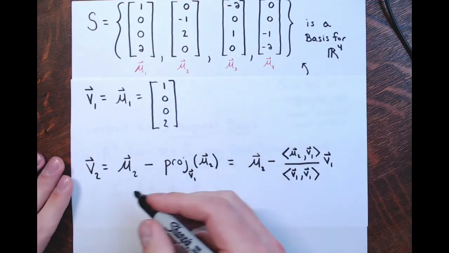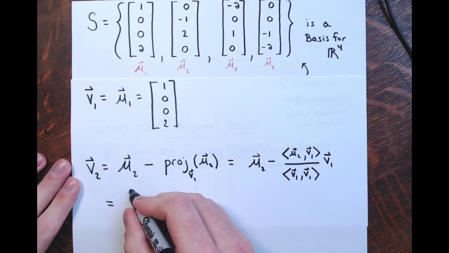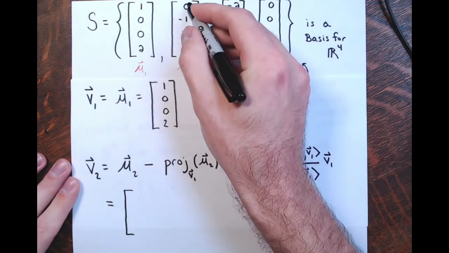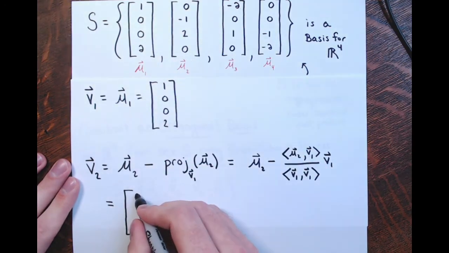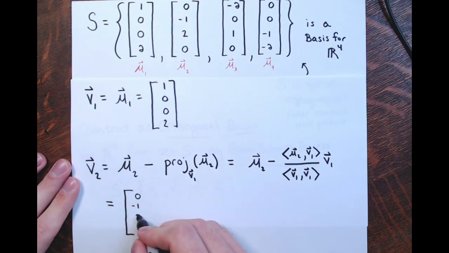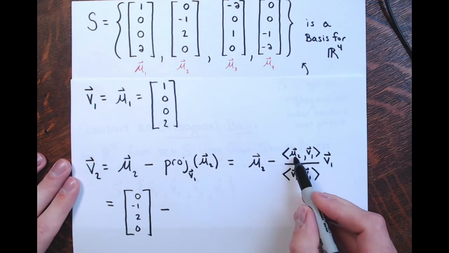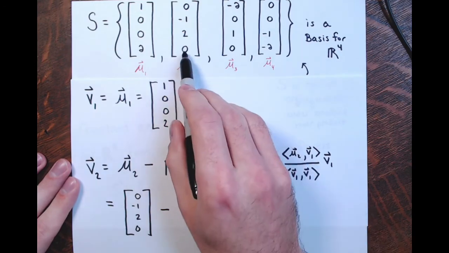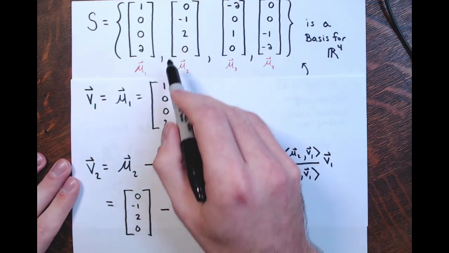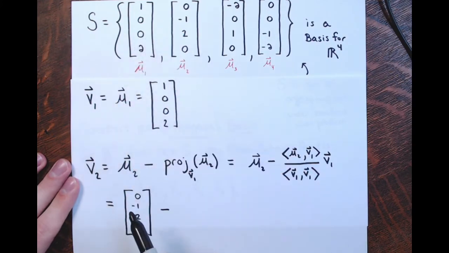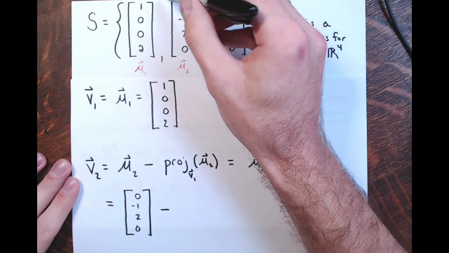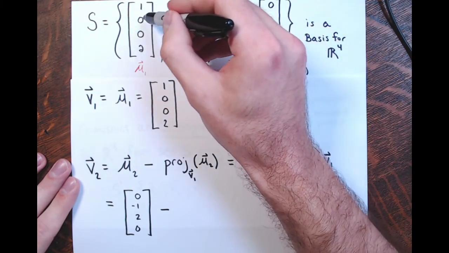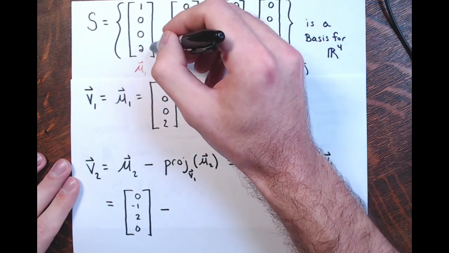All right, and I'll write out what all this is. U2 is this vector here, 0, -1, 2, 0, minus, and then the dot product of U2 and V1, or just these first 2 vectors really, using the dot product for the inner product. So 0 plus 0 plus 0 plus 0.